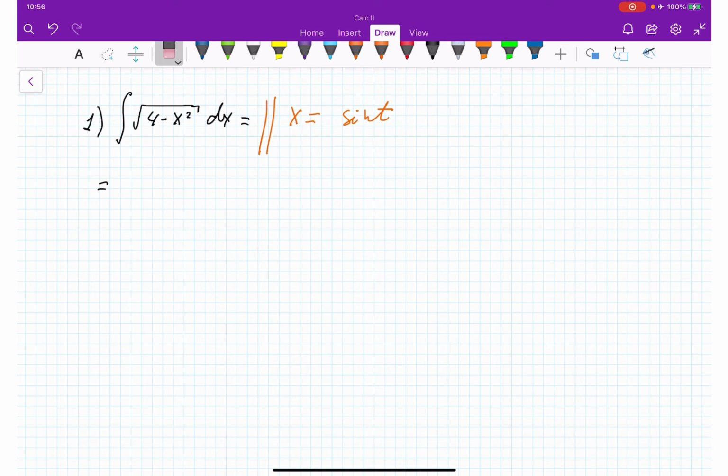From here, if I take the derivative, dx of x is going to be equal to cosine t dt. Yes?